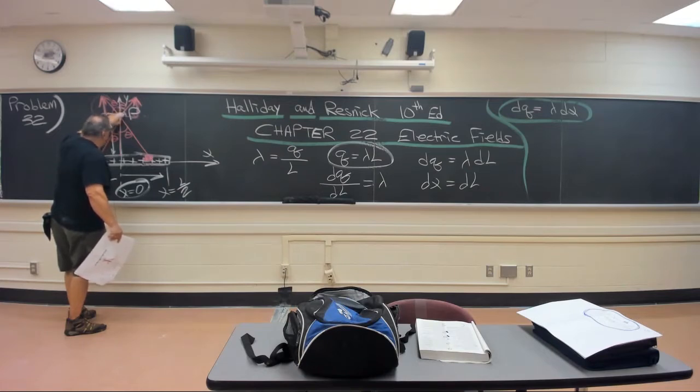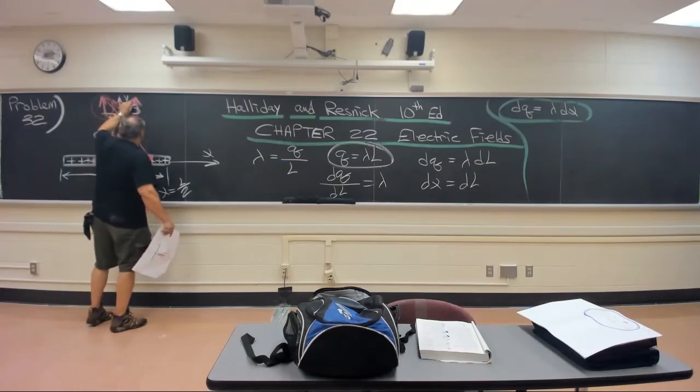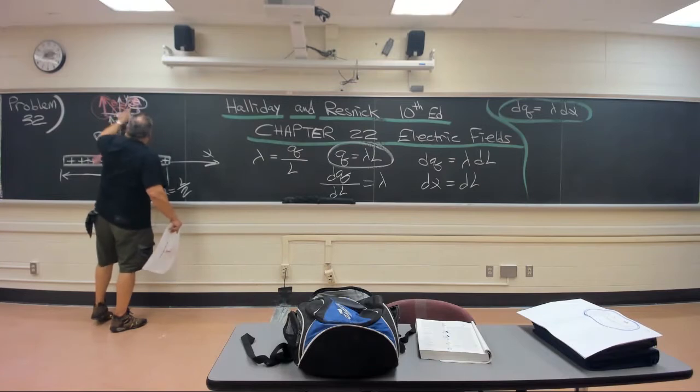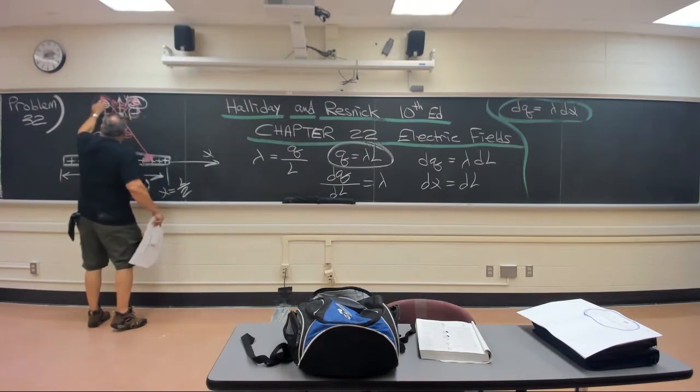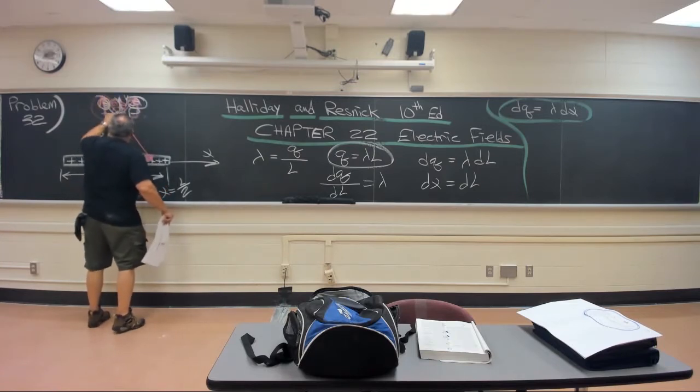This is theta, this is 90 minus theta, making it perpendicular. This is 90, 90 plus 90 minus theta plus theta. Theta's right here, theta's right here. If this is theta right here, then you got theta right there.